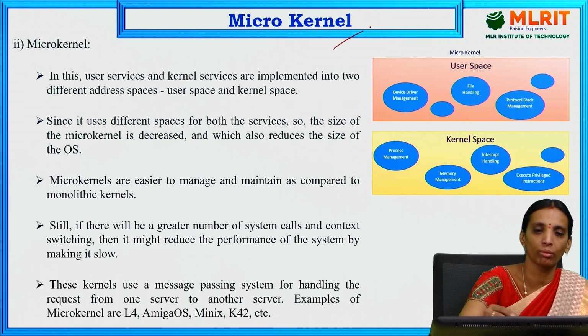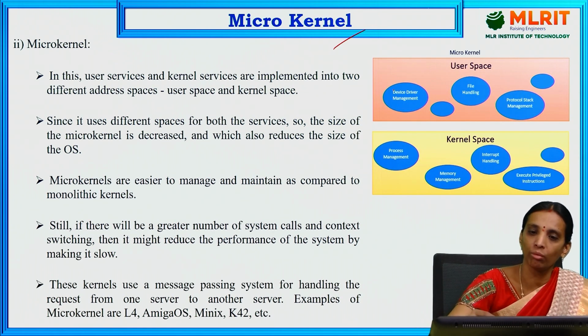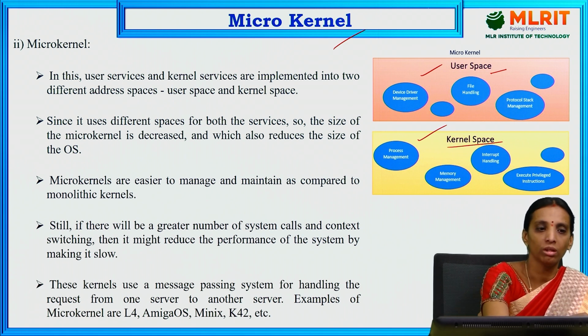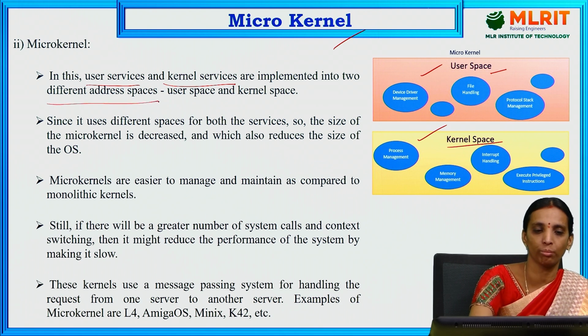Next one is microkernel. In microkernel, we use separate spaces for user space and kernel space. That means separate memory is allocated for user space and separate memory for kernel space. In this, user services and kernel services are implemented in two different address spaces: one is user space, another is kernel space.